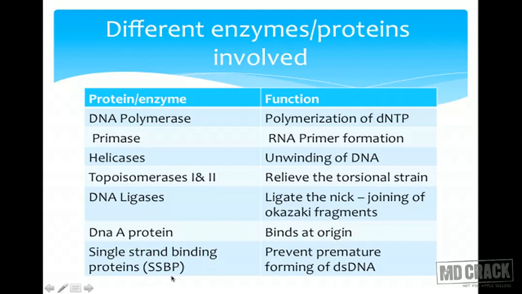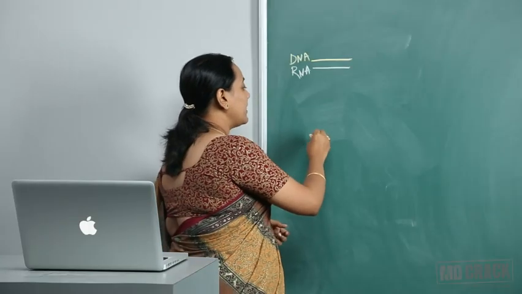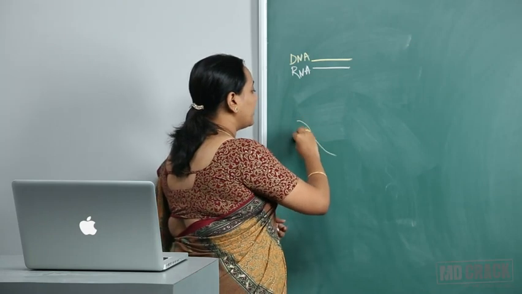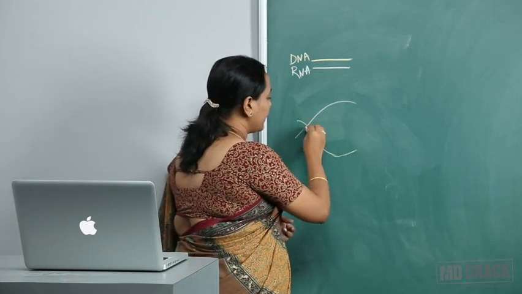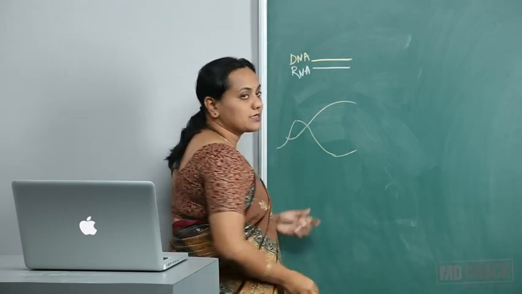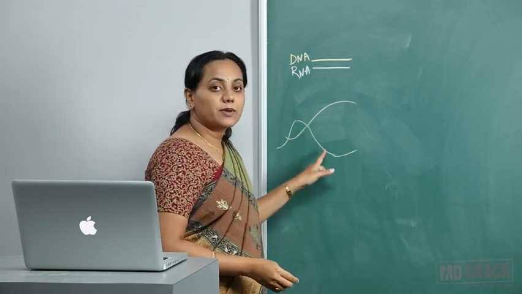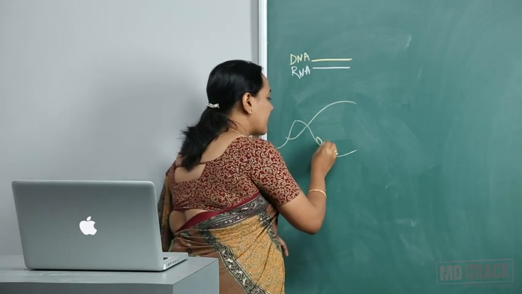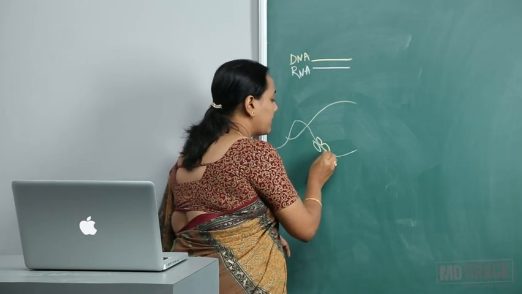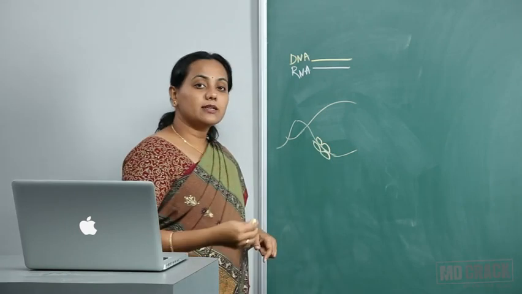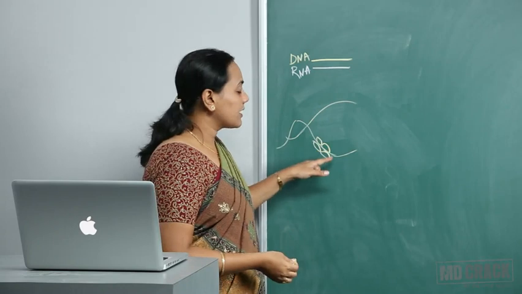Single stranded binding proteins. The minute the DNA goes from double stranded to single stranded, there are enzymes which are ready to pounce on it and eat up that DNA. So the DNA will just get digested. To prevent this, we need certain proteins to bind to the single stranded DNA. To prevent this attack, certain proteins come and bind to this single stranded DNA, and these are called SSBs, single stranded binding proteins.